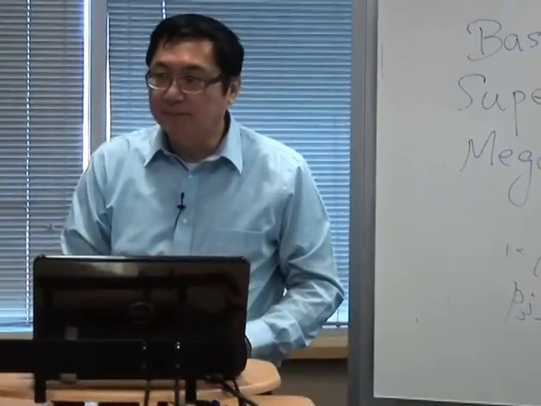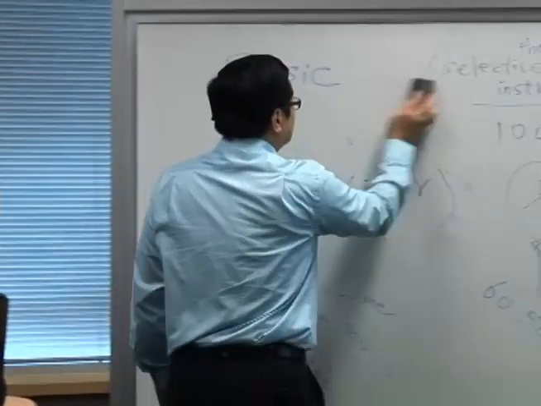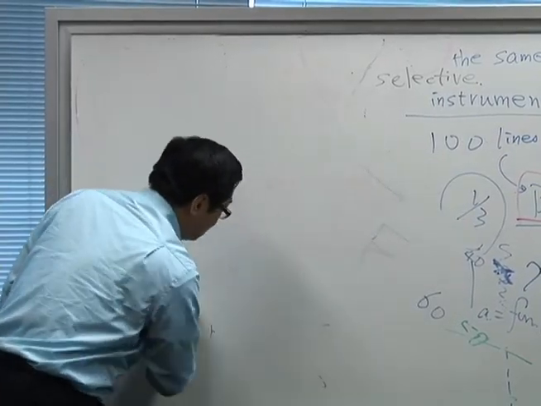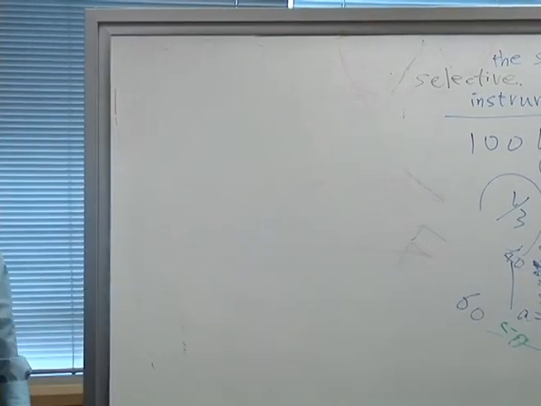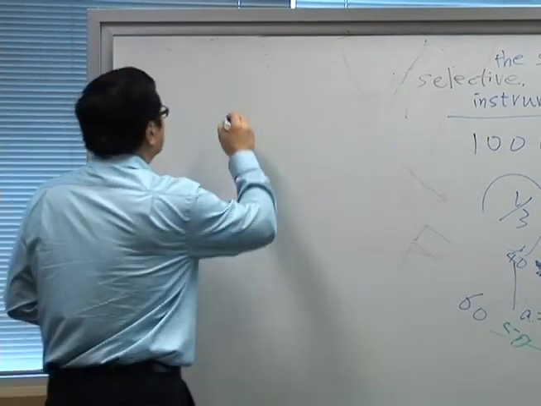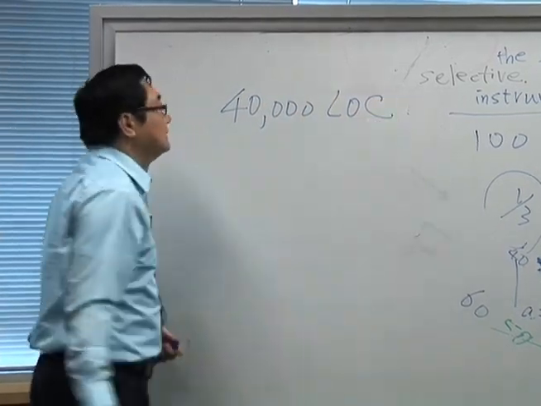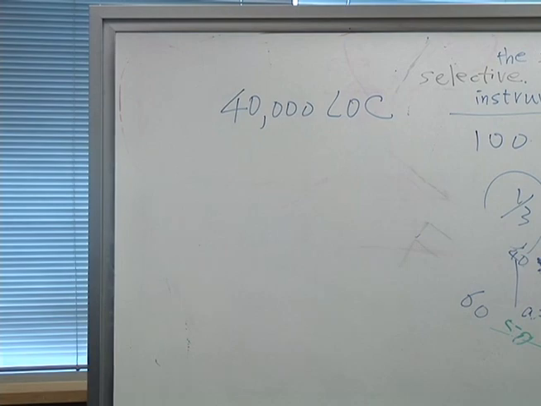And more importantly, when we report coverage, use the example which we just mentioned, we have a large set of test cases. A large number of test cases. So suppose I have 40,000 lines of code.